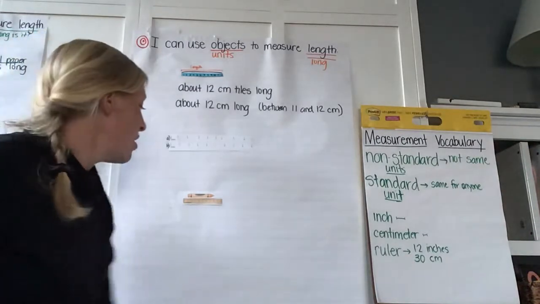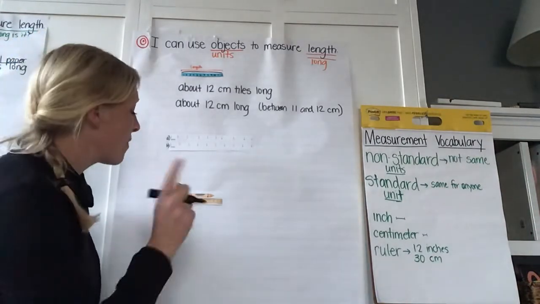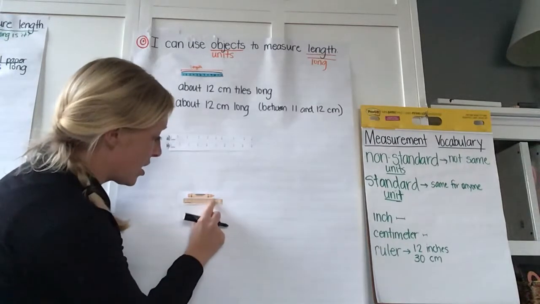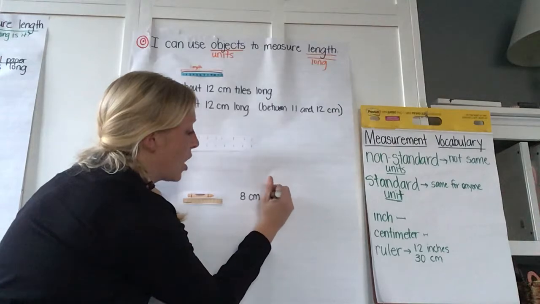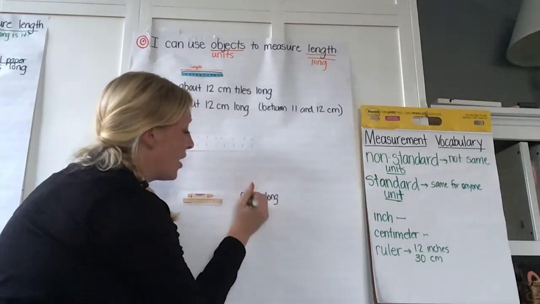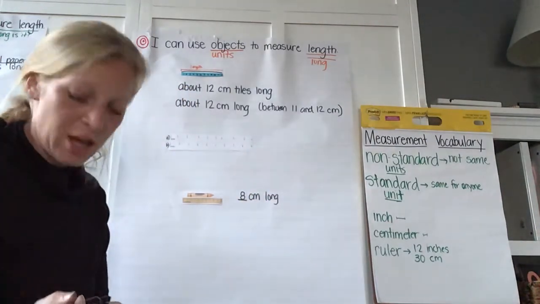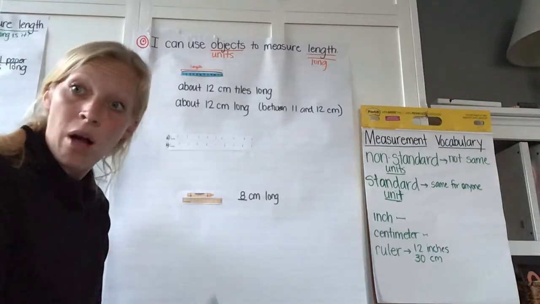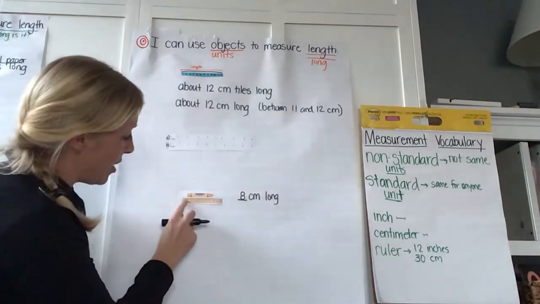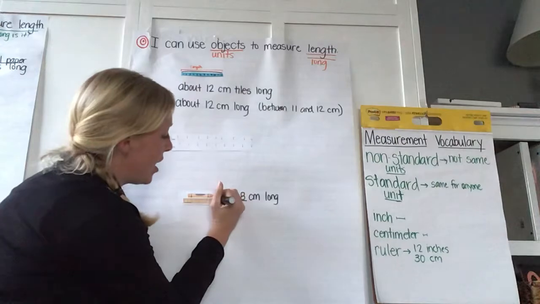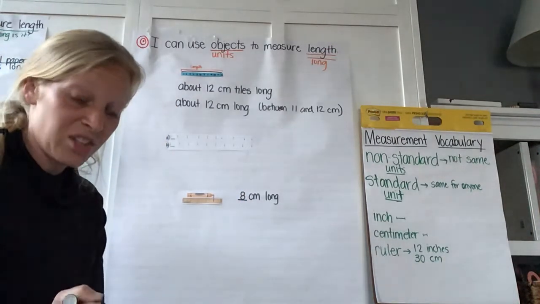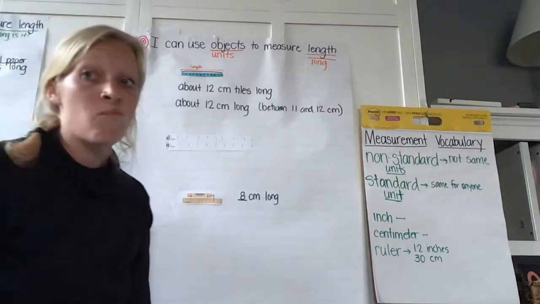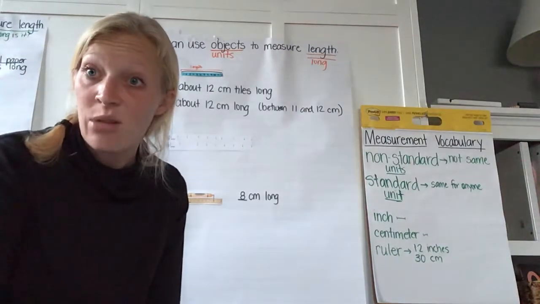They said, Miss Baker, this crayon is 8 centimeters long. And I said, why? How do you know? And they said, well, because when I measured it, I started at my 1 and it landed on the 8. And that's where it stopped. And you told me yesterday that wherever it stops is how long it is.